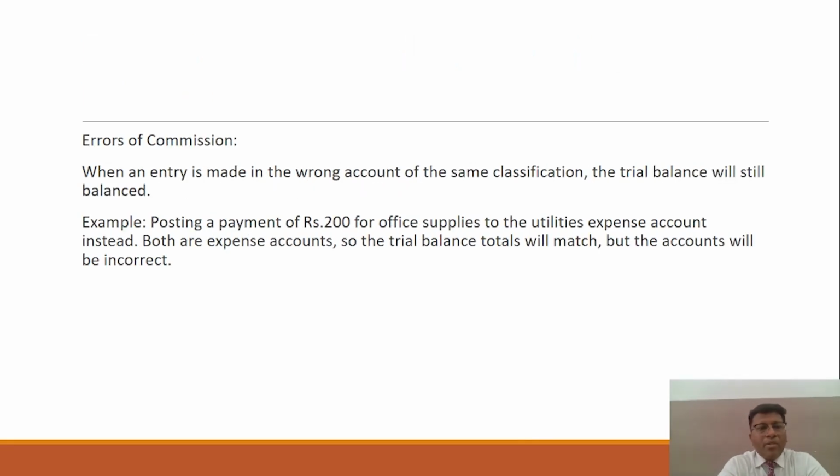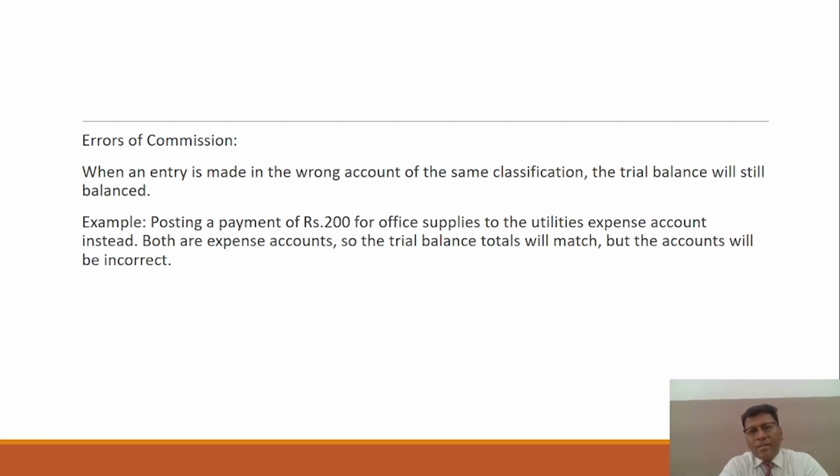And errors of commission: when an entry is made in the wrong account of the same classification. This is a principal error, because it is the same classification, right? It means two accounts are there. For example, posting a payment of 200 rupees for office supplies to the utilities expenses account. Or another example, suppose you are writing the particular expense as wages, but that was the case of salary.